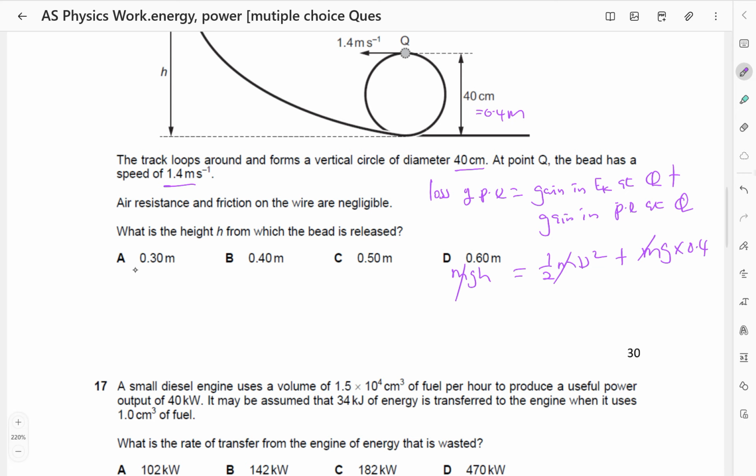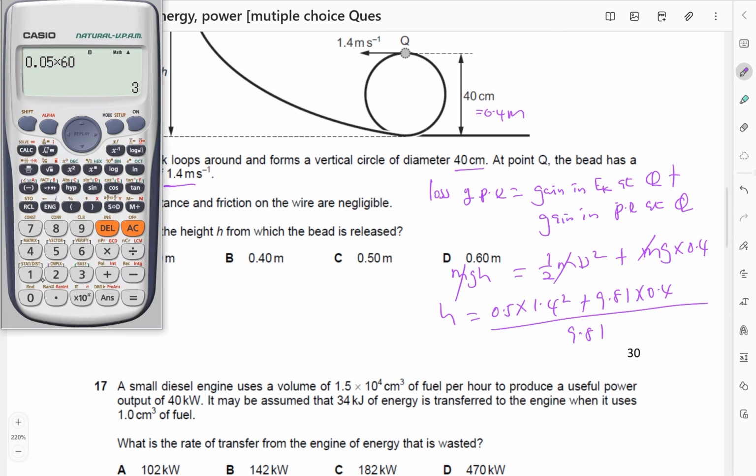So I want to find h. So h will simply be equal to a half times the speed, 1.4 squared, plus g, which is 9.81, times 0.4, divided by g, which is 9.81. Let's press the calculator. 0.5 times 1.4 squared, plus 9.81 times 0.4, divided by 9.81.